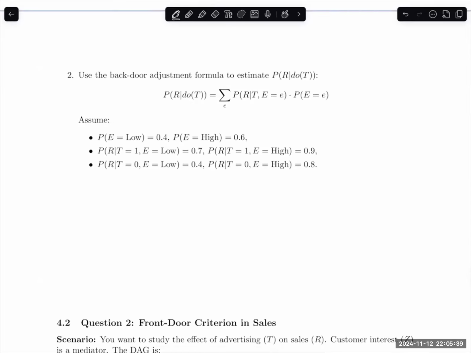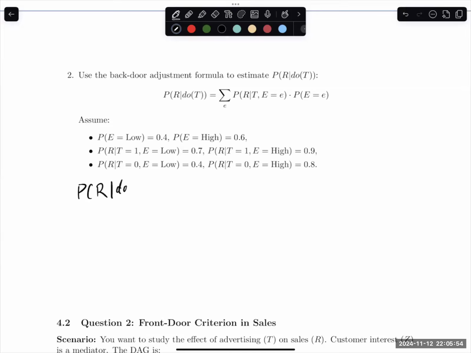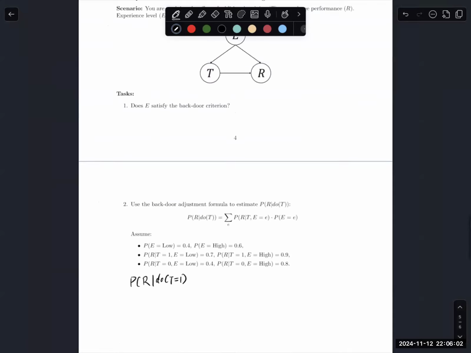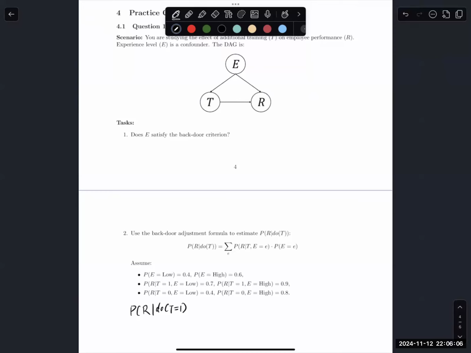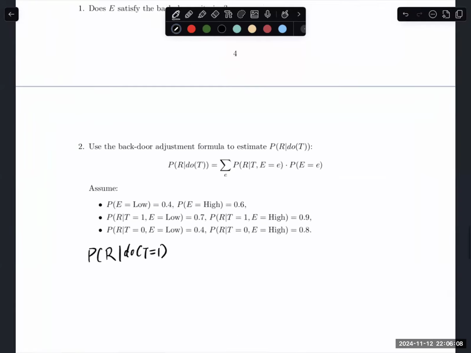And right here I already give you some basic data. So let's first calculate the probability of R given T equal to 1. The 1 means that in this scenario, T equal to 1 means that we do give additional training.